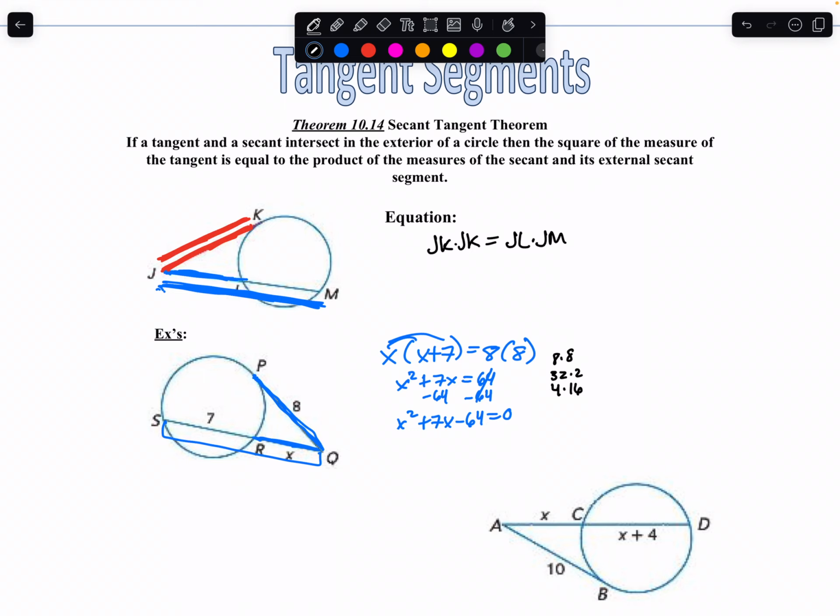What else do we have? As you notice here, we want to figure out which one's going to add up to 7x. 8 plus 8 does not give us 7. 32 and 2 does not give us 7. 4 and 16, when we subtract, we get 12.